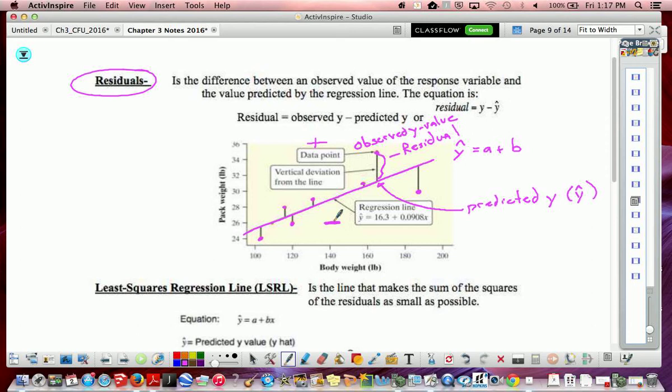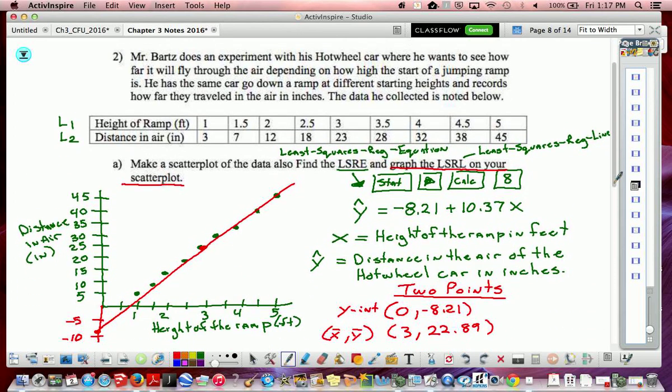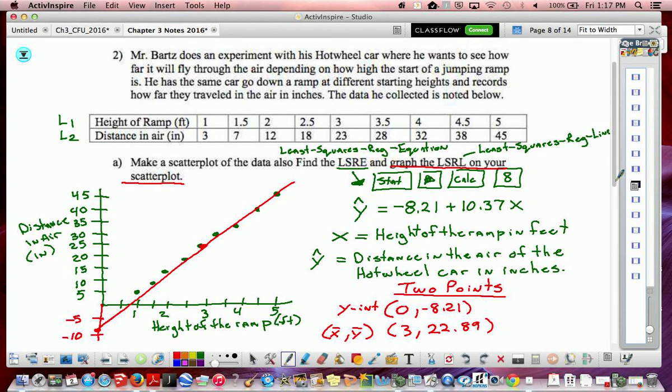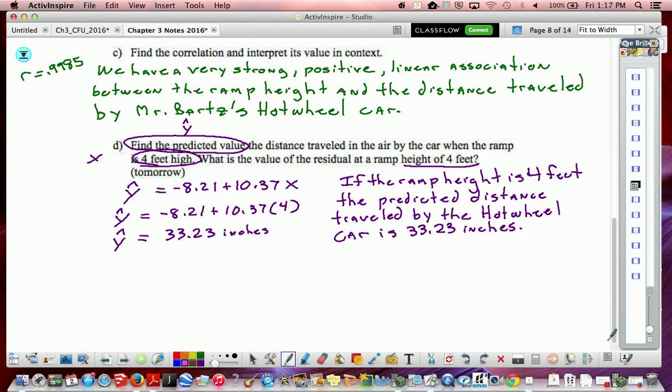So, to find this value and understand what it means, turn back one page and let's go back to the Hot Wheels experiment that we were doing on Wednesday. On Wednesday, we did this Hot Wheels experiment and got our regression equation down here. In this question it says, what's the value of the residual at a ramp height of 4 feet?